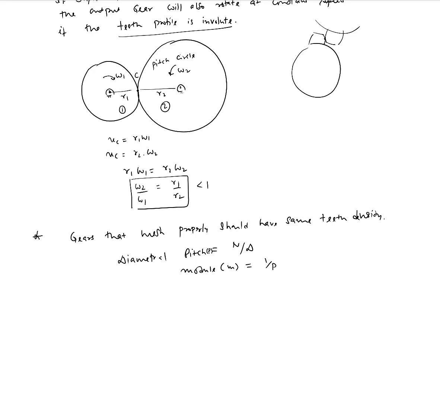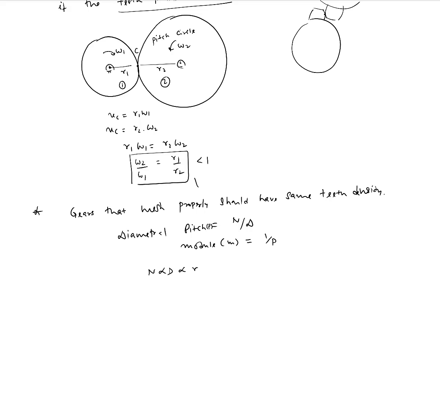So if we know that, then we know that N is proportional to D for two gears that are supposed to mesh properly, and that means it's also proportional to the pitch radius. So in our previous relationship, omega 2 over omega 1 being r1 over r2, the pitch is the same, so n1 over d1, which is n1 over 2r1, should be equal to n2 over d2, which is n2 over 2r2.